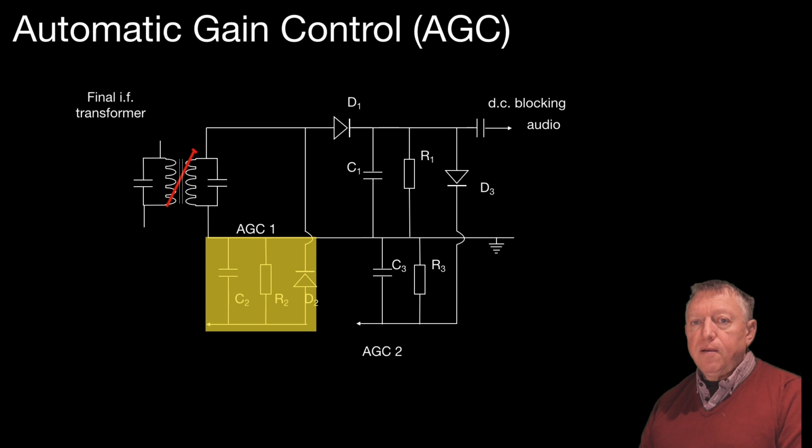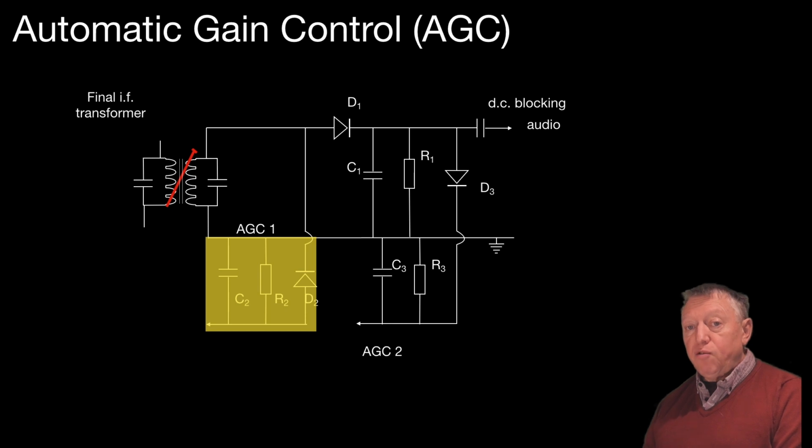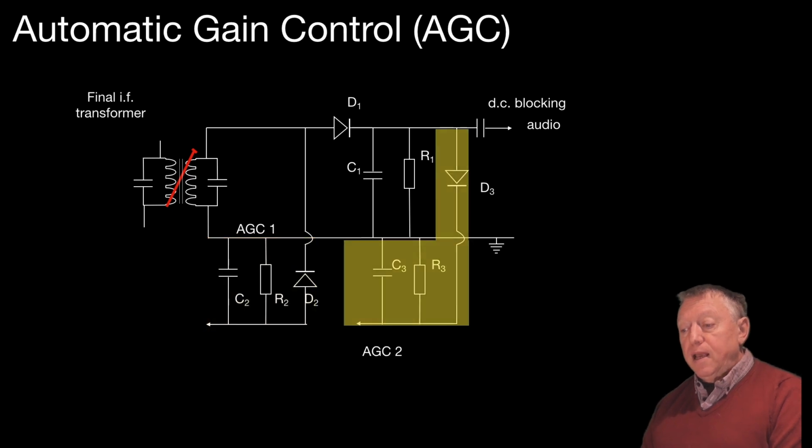So the time constant C2R2 would be far longer, and that would provide a DC control voltage back to a previous IF amplifier. And similarly, C3R3 in conjunction with D3 would do the same thing, but at a different polarity. How these circuits would be designed would depend on the IF amplifiers that they were being connected to.